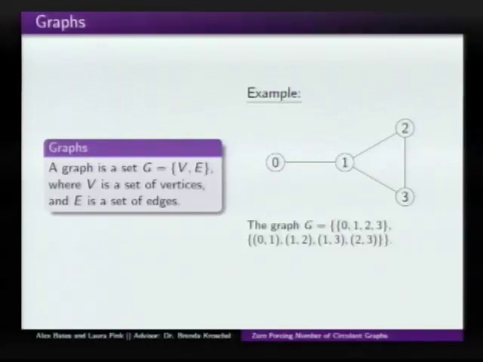The most intuitive way to think about it would be just a set of nodes that are connected via various edges. So in this case, the vertex 0 shares an edge with 1. 1 has an edge with 2 and 3, and then 0 as well, and then 2 shares an edge with 1 and 3.